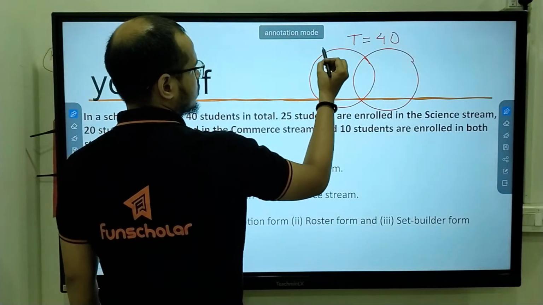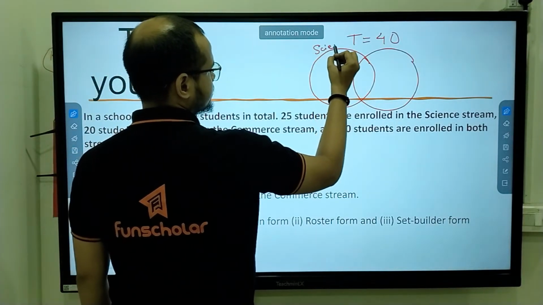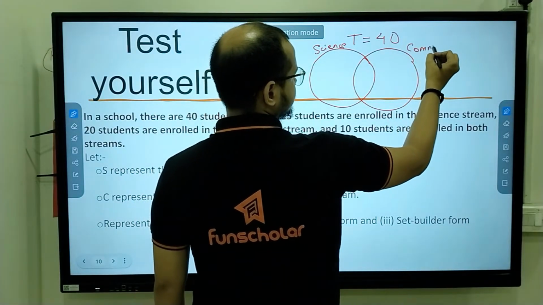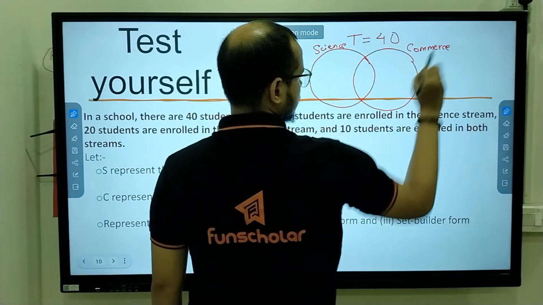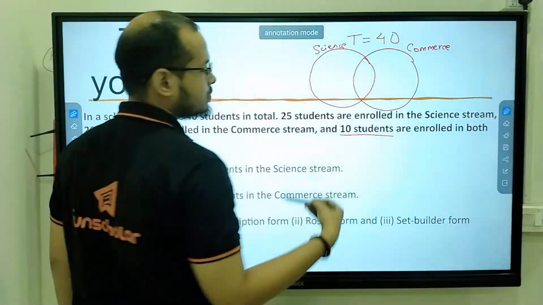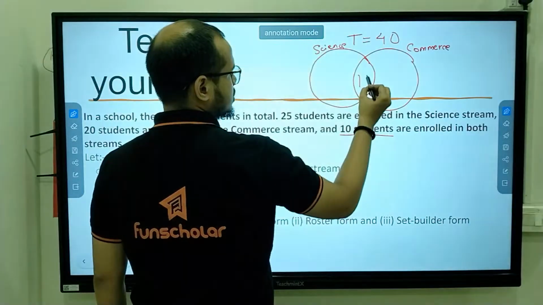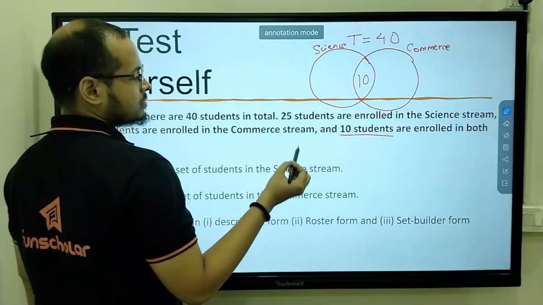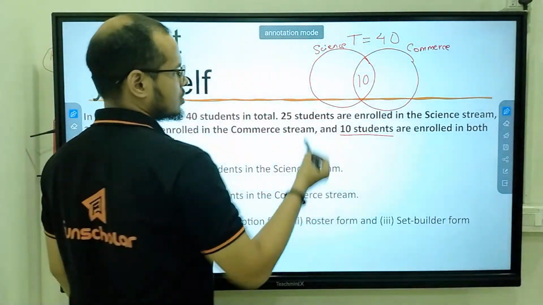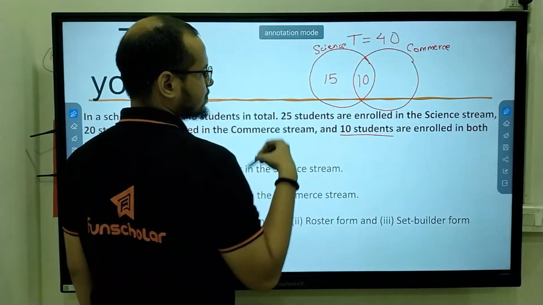The first circle is for science, the second circle is for commerce. We have seen in the question only 10 students are enrolled in both. So 10 students are enrolled in both. Remaining students: we have 25 students in the science stream, in which 10 are already enrolled, so we are left with 15.